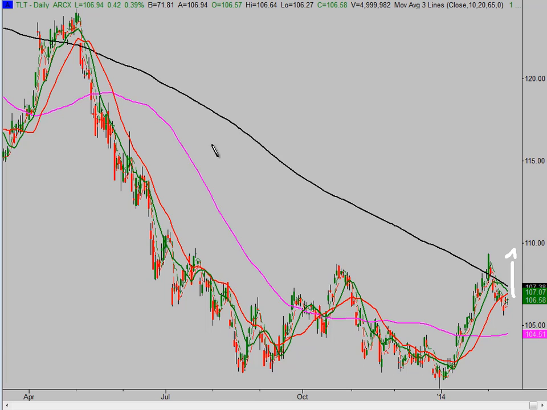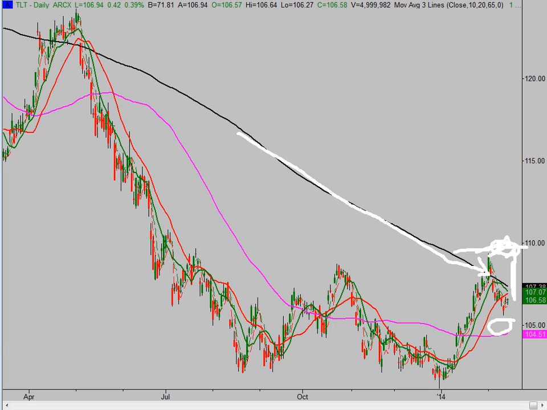And certainly with the TLTs having the opposite pattern, rallying up to the 200, not even getting back to its 50, if it takes out this level here, that could be an indication of fear, and that would be an indication that the markets want to continue in that direction, and that would mean down for stocks, down for interest rates, up for bonds, which is what you're seeing right here.